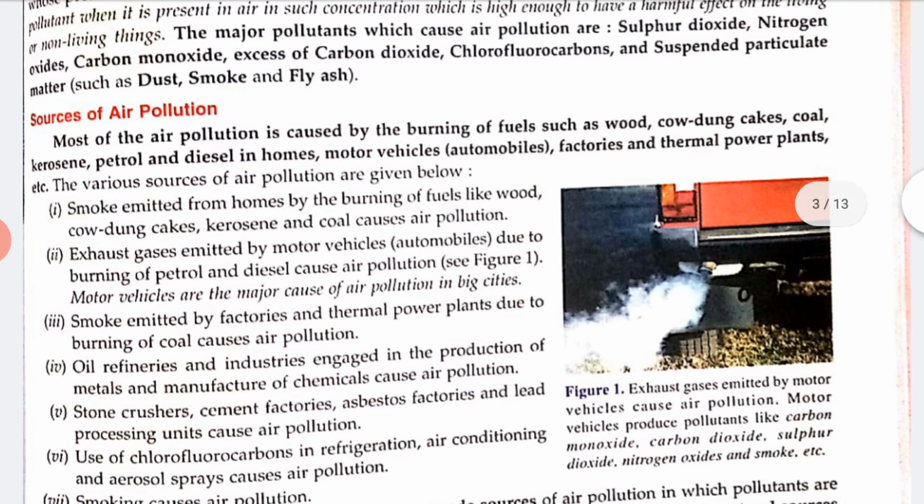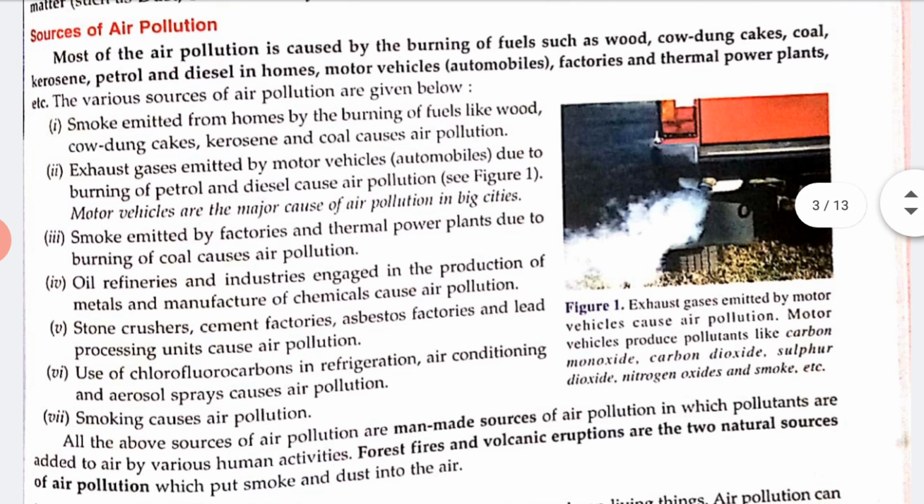You can see a picture here of the exhaust gases emitted by motor vehicles, which cause air pollution. Motor vehicles produce pollutants like carbon monoxide, carbon dioxide, sulfur dioxide, nitrogen oxide and smoke, etc.